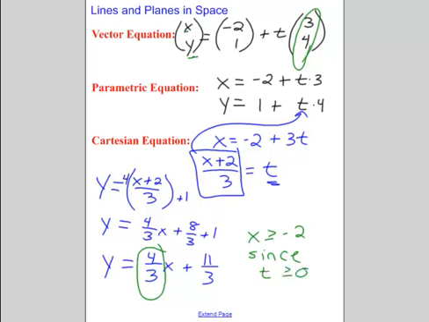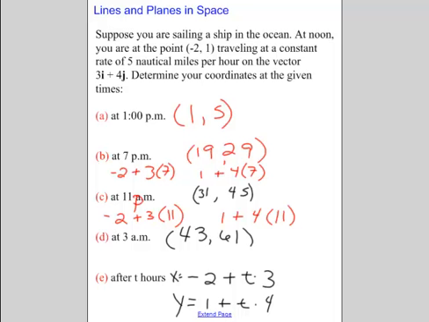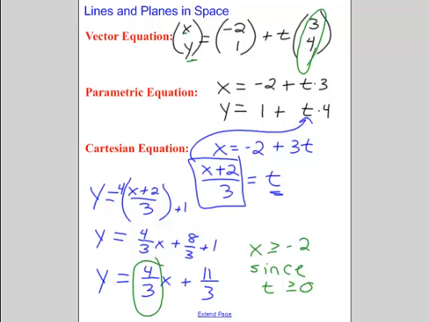If I go back to this problem, what the actual problem starts off by saying is we're in the ocean, we're looking at noon, this is where we started, and then we've continued to travel from there. So therefore my lowest x value that I can have is -2. That's the starting point. You're controlling your domain piece there. Okay, good. This (3, 4), as I talked about, is a vector. That's actually your velocity vector.